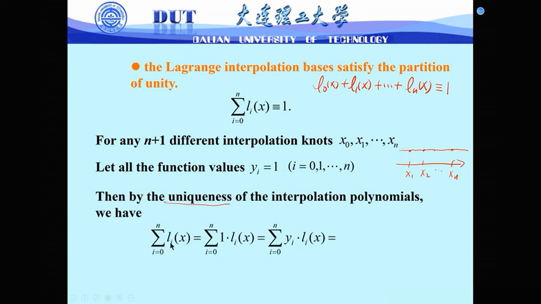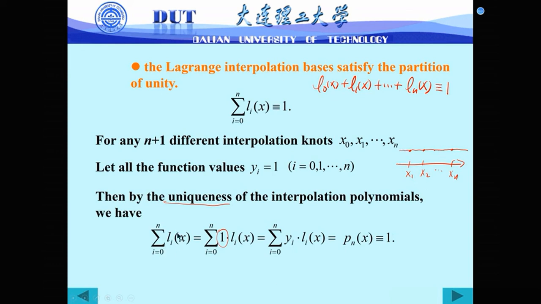So the summation of Li(x) multiplied by 1, where 1 is the function value yi at each node, is the Lagrange interpolation function Pn(x). So we know Pn(x) is just the constant function 1.